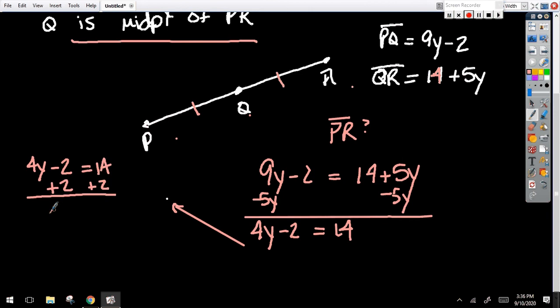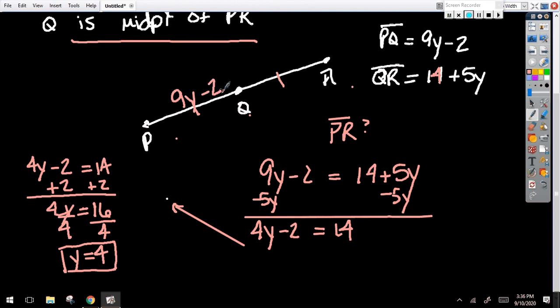So PQ is going to be 9 times 4 minus 2. So it's going to be 36 minus 2, which is 34, right? And then QR, same process here, QR is going to be 14 plus 5 times, remember that y is 4.